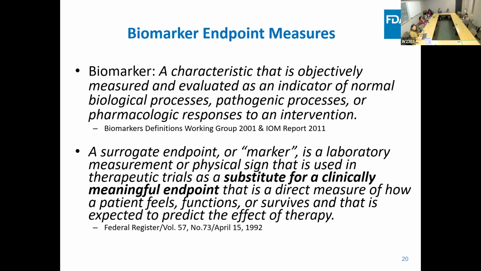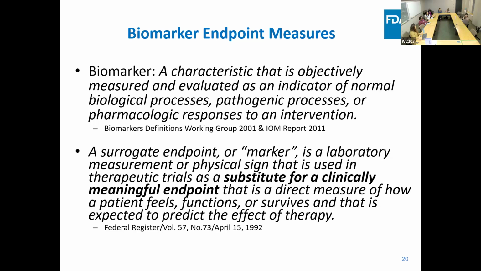There's also biomarker endpoints, and these are the ones I was alluding to, where it might not necessarily affect how someone feels, functions, or survives. Blood pressure is one. People with high blood pressure tell me all the time in clinic, I feel fine, doc. I don't need anything. And it's not impacting how I function.